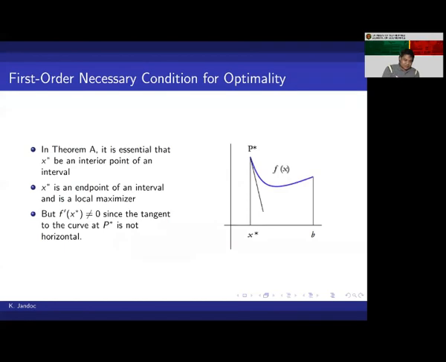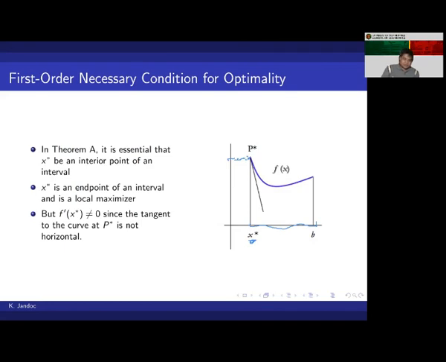At point x star, which is an endpoint of the interval [x star, b], the function f of x attains its highest value. But at that point, the tangent line is not equal to 0. It's just an endpoint.